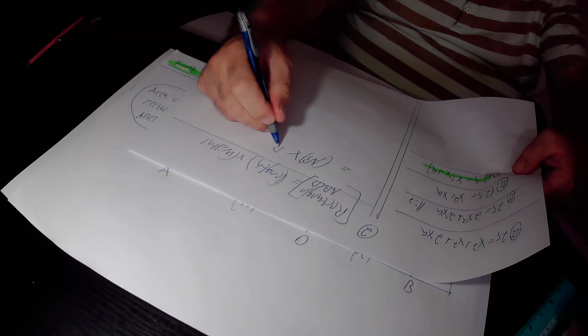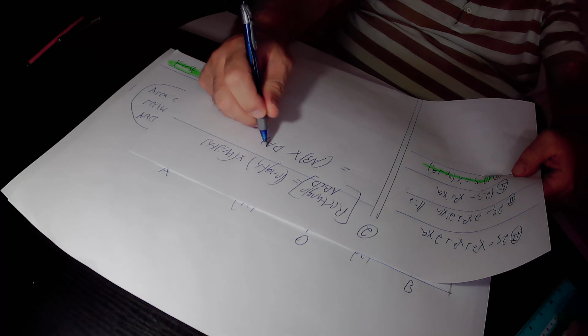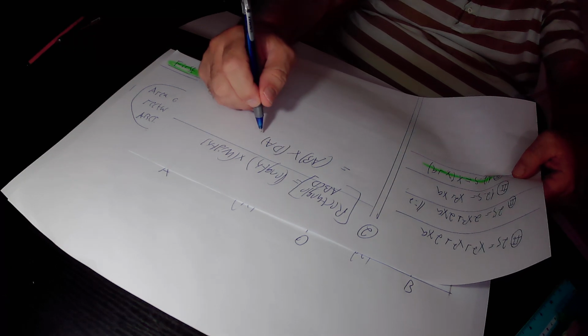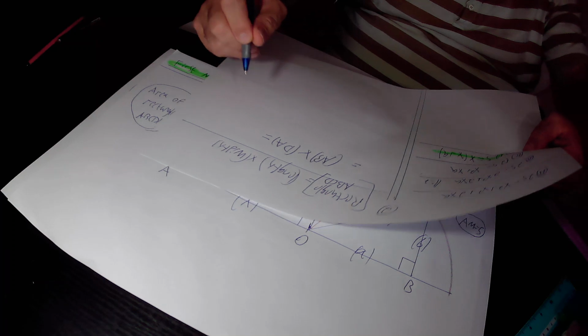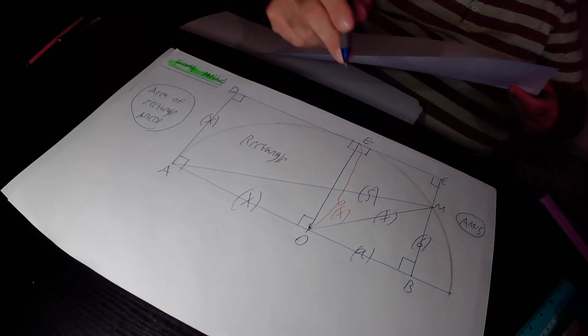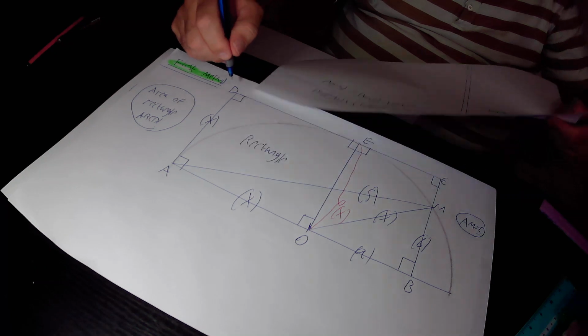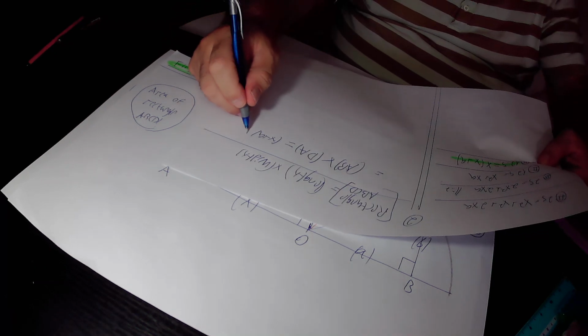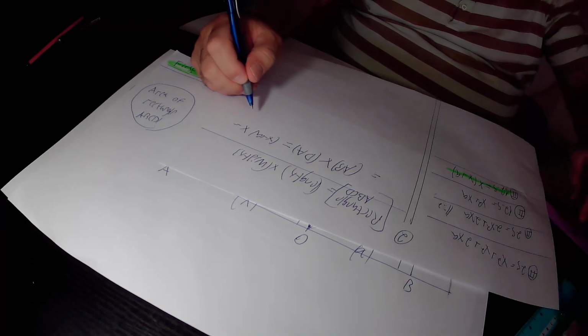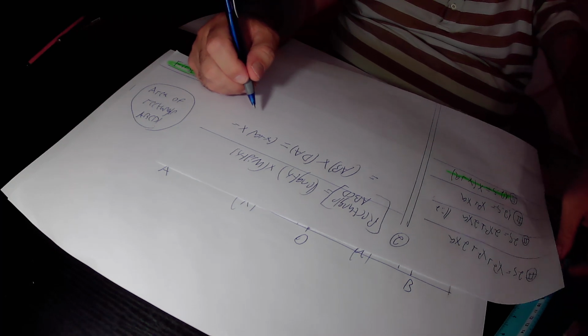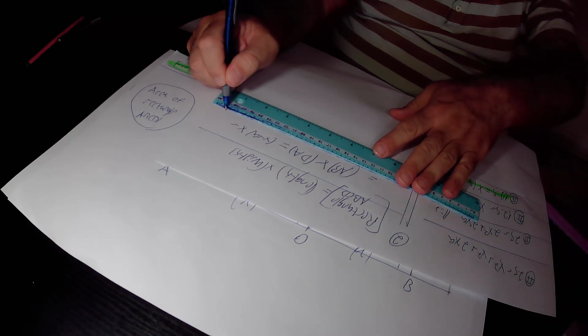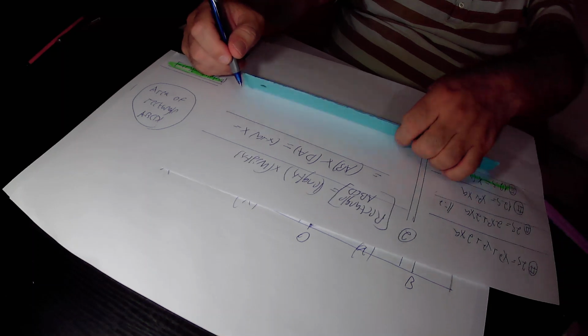So in total, we found out that the area that we are looking for in this question, that is the area of rectangle ABCD, is equal to AB times dA. AB is x plus a, and dA is x. So the area of rectangle ABCD equals x plus a times x.